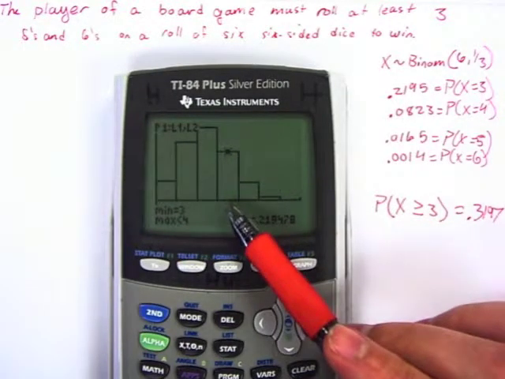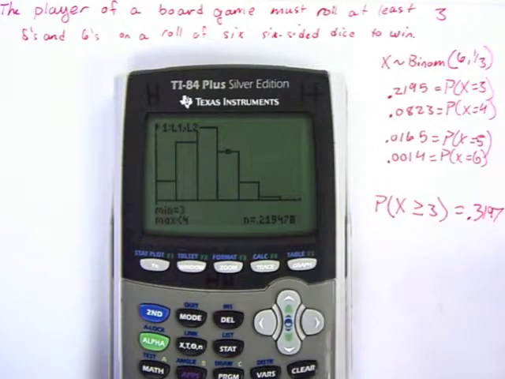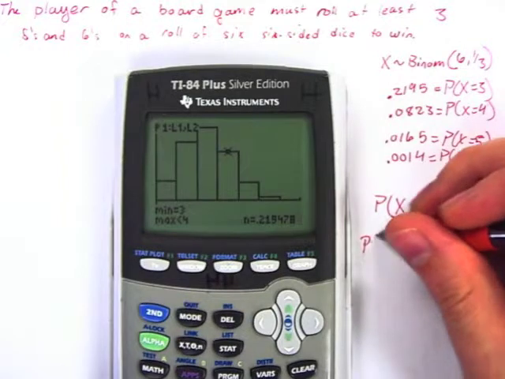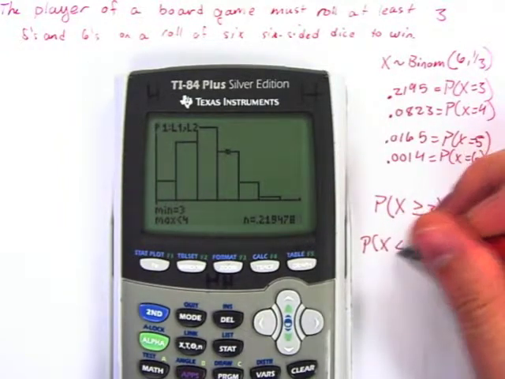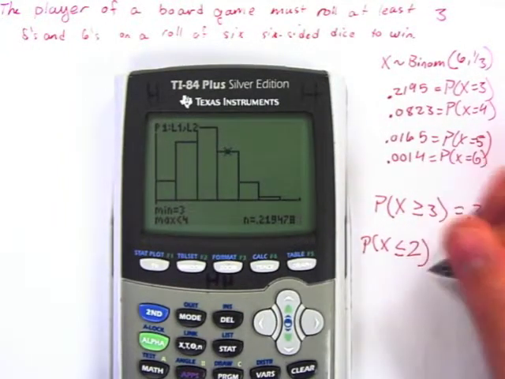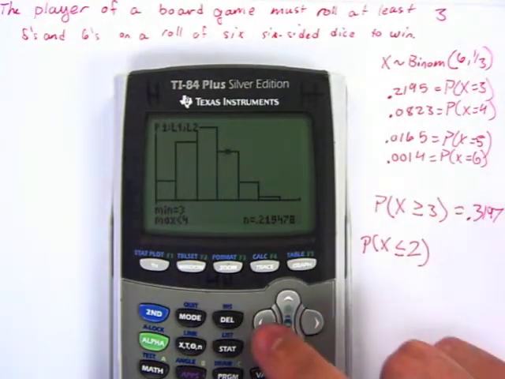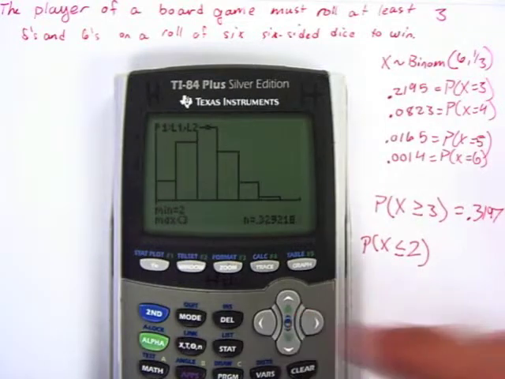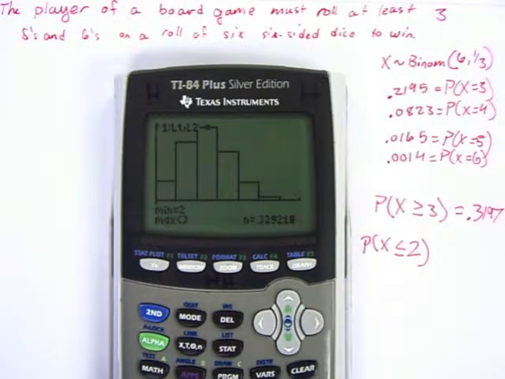We need to look at the complement, which is the probability that x is less than or equal to 2. We need to find the areas underneath these 3 bars, and then we'll simply subtract that from 1 in order to find the probability that x is greater than or equal to 3, because those 2 events are complementary, so they have to add up to 1.